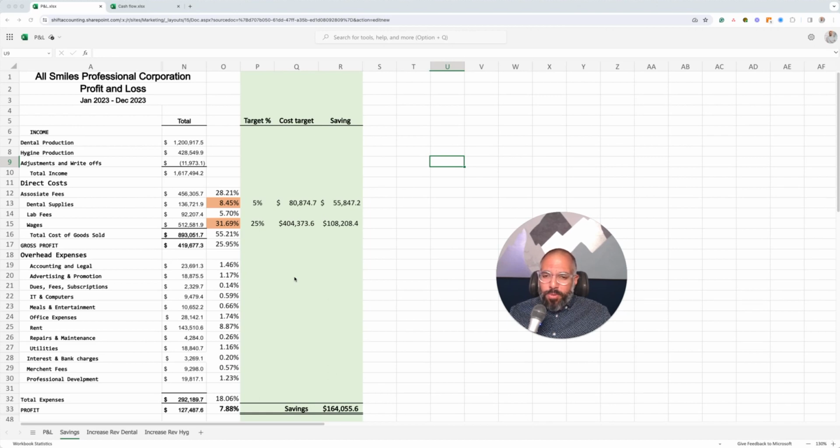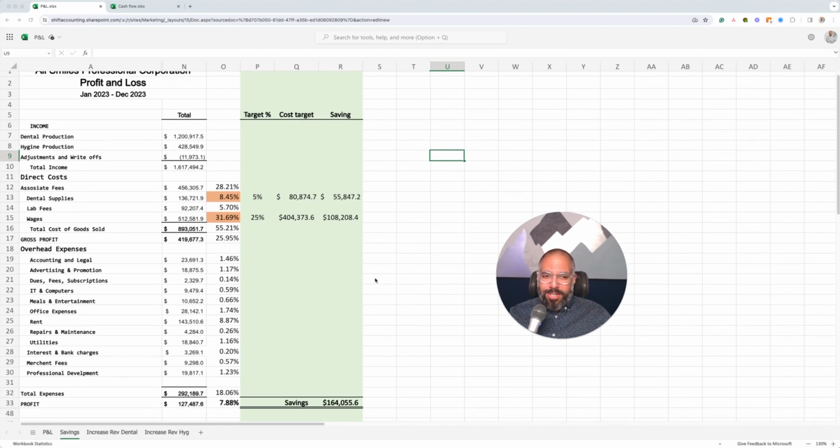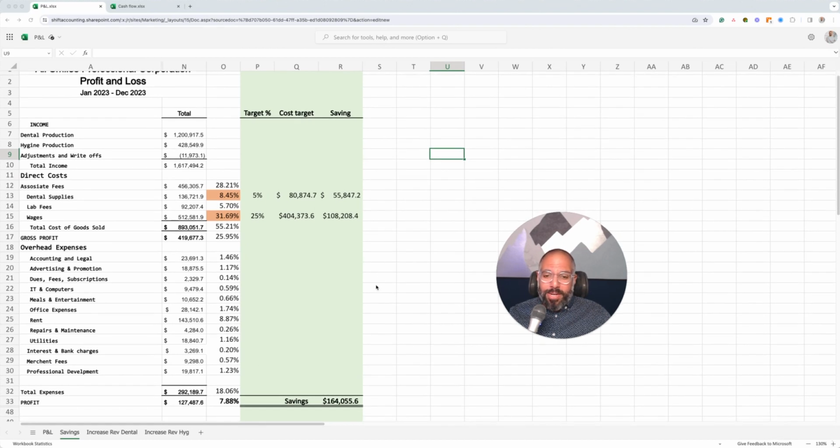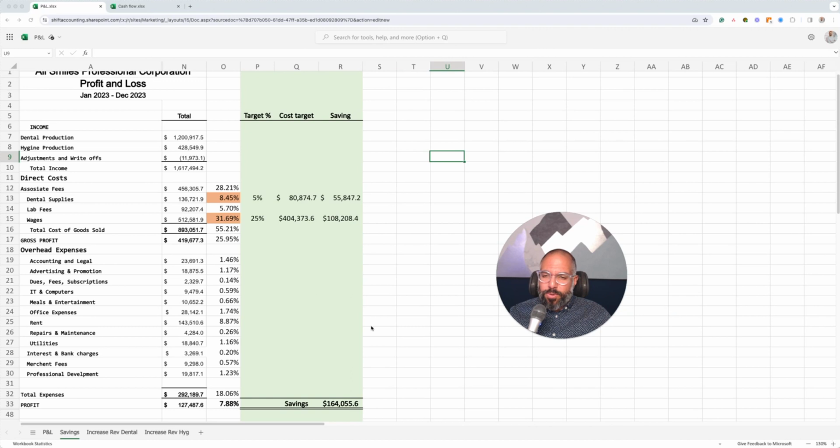But let's assume that we were able to bring down wages to 25%, and everything else is the same. We are going to be able to save $108,000. So by doing these two exercises, which I can sympathize, this is not an easy exercise, but let's say we were able to do them, the savings that we are able to generate is $164,000 in a year. So that is two scenarios where we cost manage to improve the profitability of the clinic.